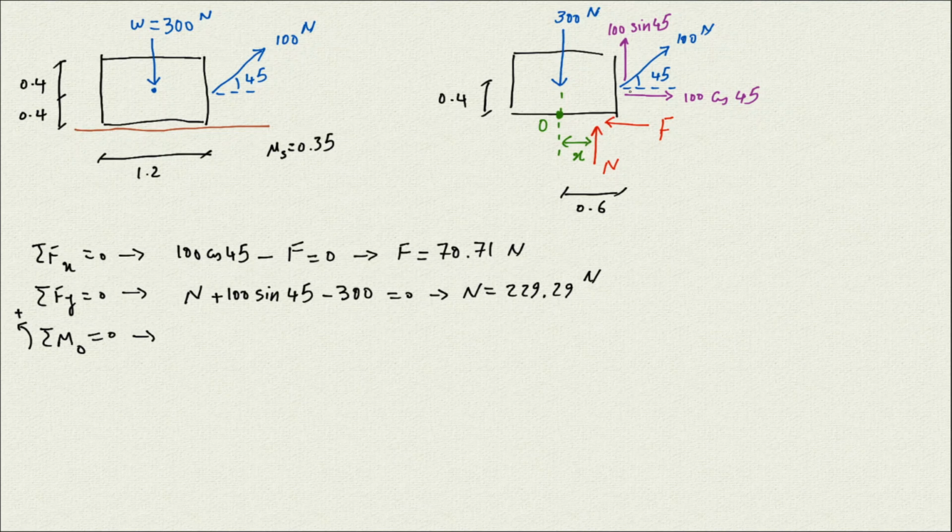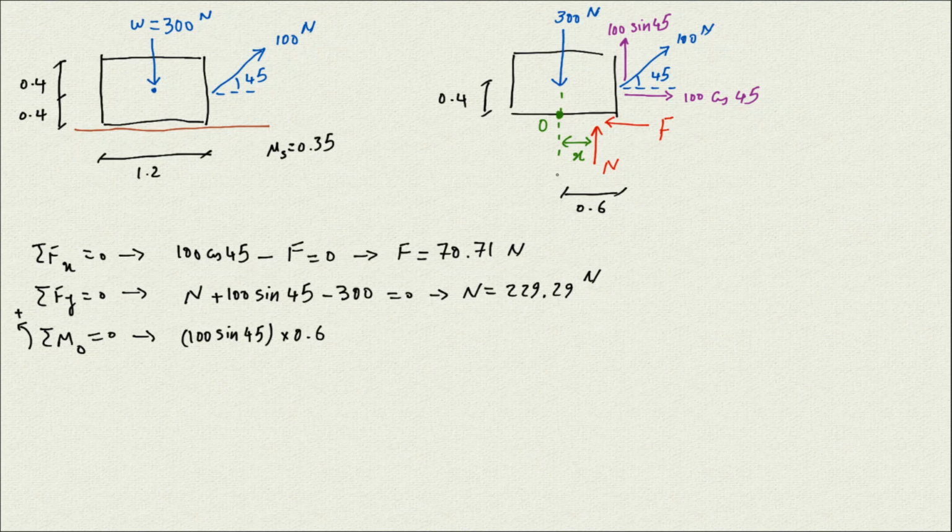So I would start from here, so I have the 100 sine 45, so that's this force, and the normal distance between this force and point O is 0.6, times 0.6. And if you look at it, this 100 about point O is going to rotate the object like that. So it's going to be counterclockwise, therefore it's going to be positive.